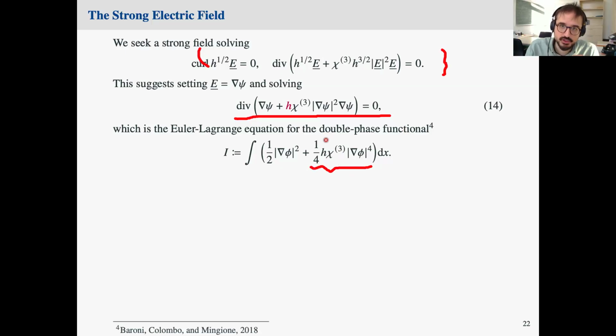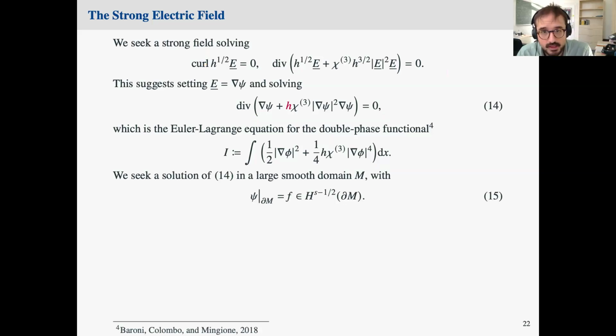In this double phase functional, the h is the frequency parameter that is small. And once h is small, things are much nicer, and you can actually solve this equation 14, and you don't have to resort to extremely technical analysis.